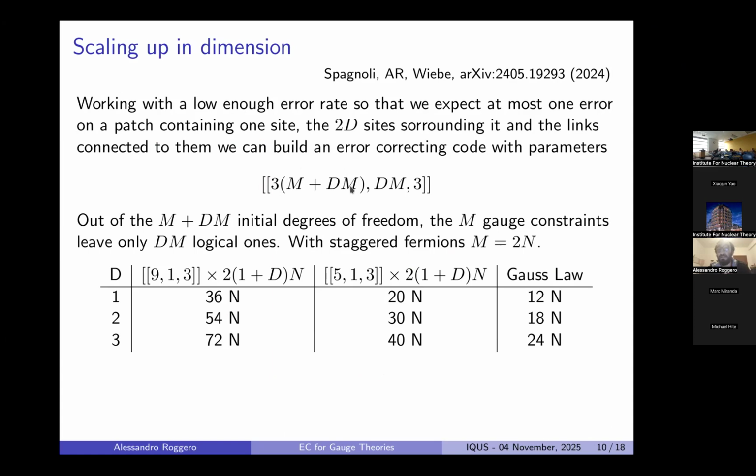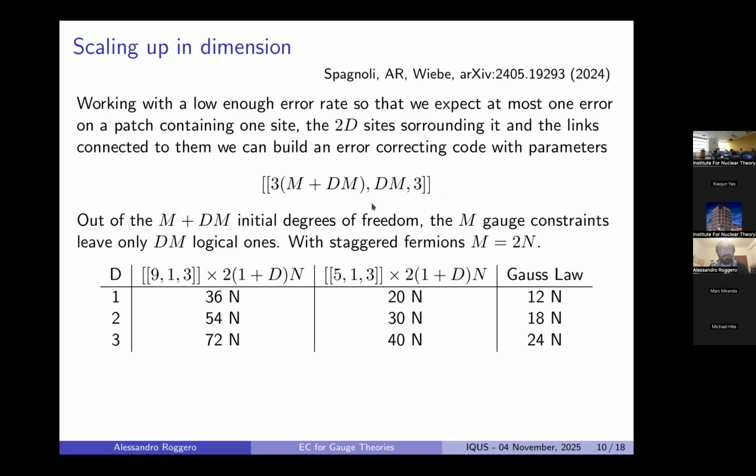So m plus dm is the total number of qubits we have around. We are using 3 times this many qubits to do the repetition code to store dm logical qubits of information. The idea is that we have m plus dm qubits, but we have m stabilizers, and we have m Gauss's laws, which will kill this one, and the only leftover is d times m, and we can fix every single error. That's a compact way of writing this thing down.